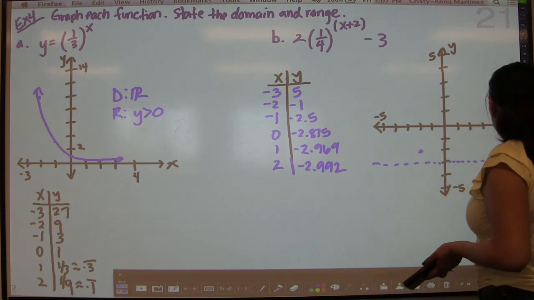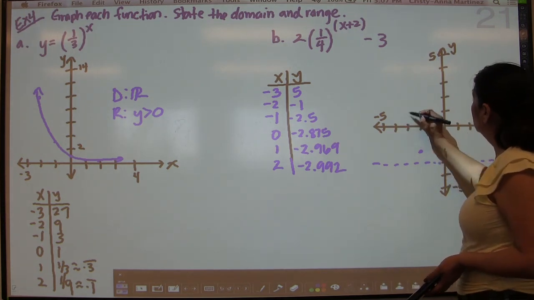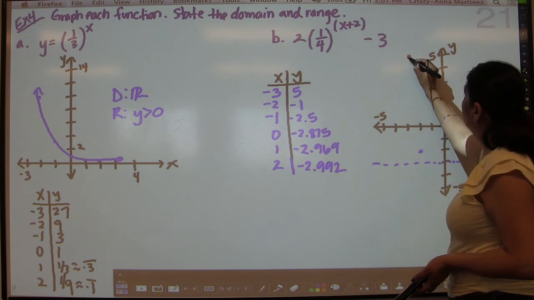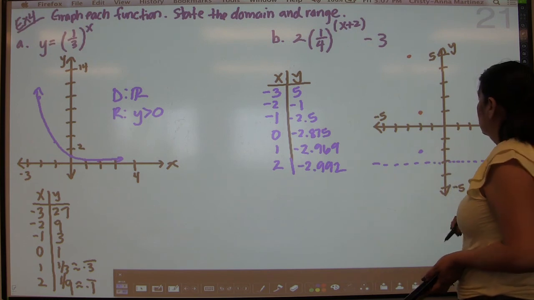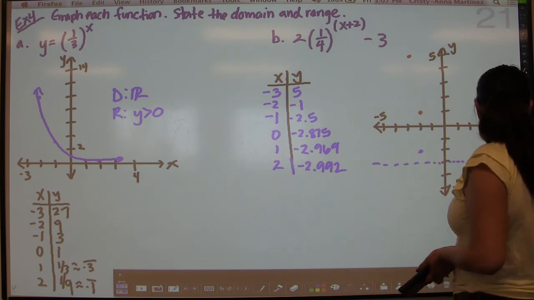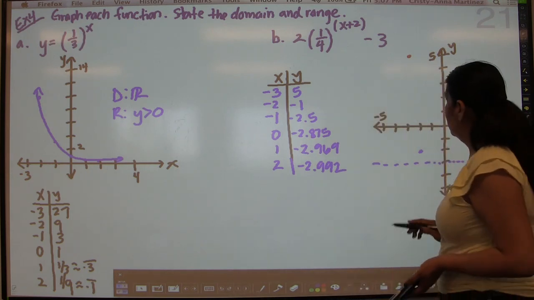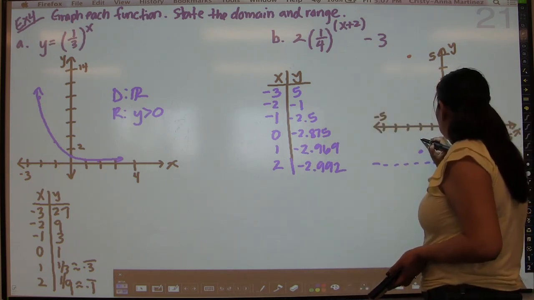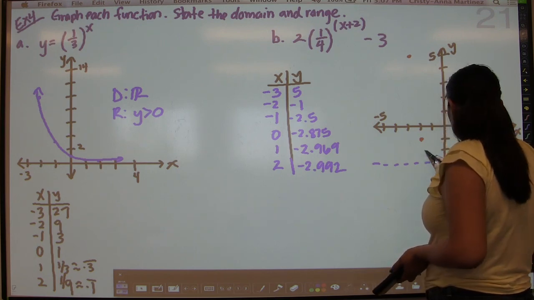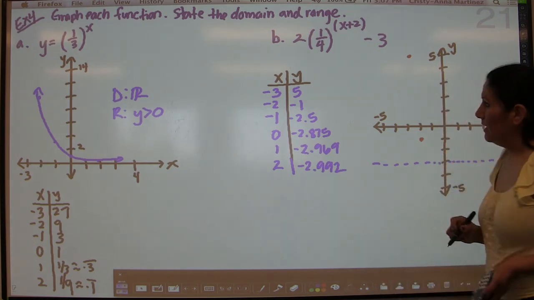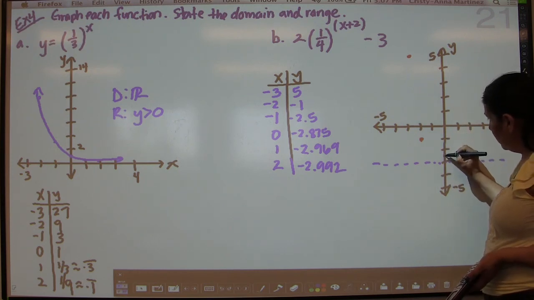So when I plot those points, -3, 5 is going to be 1, 2, -3, and 5. And -2, -1. Oh, sorry. I did +1 there. -2 is -1. And then -1 is going to be -2.5. -1 into -2.5 is right here.